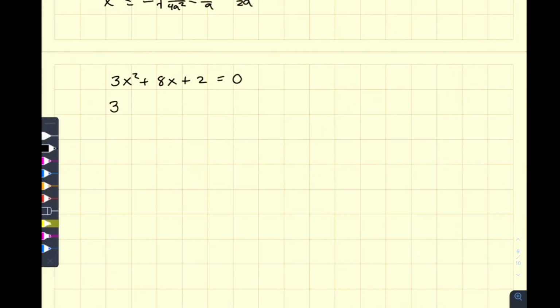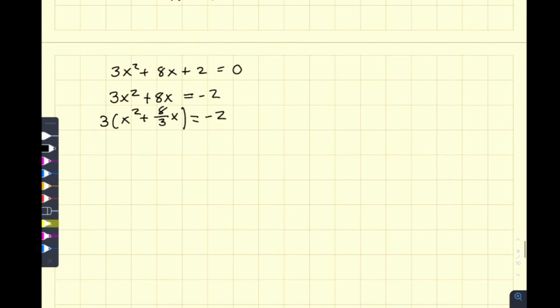This is going to be 3x squared plus 8x equaling negative 2. I'm going to have to remove the 3 by factoring it out. So this will be 3 times (x squared plus 8 over 3 x) equaling negative 2.